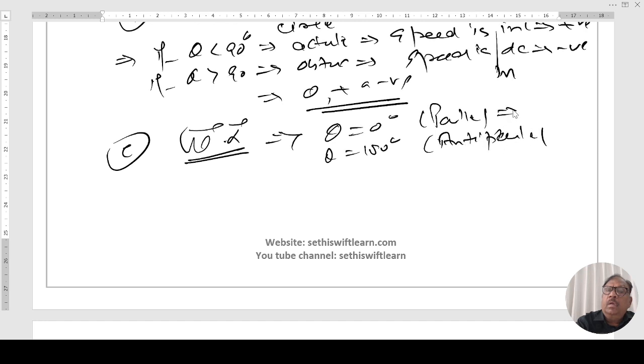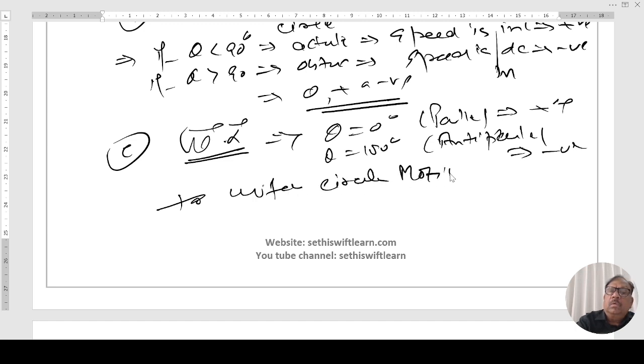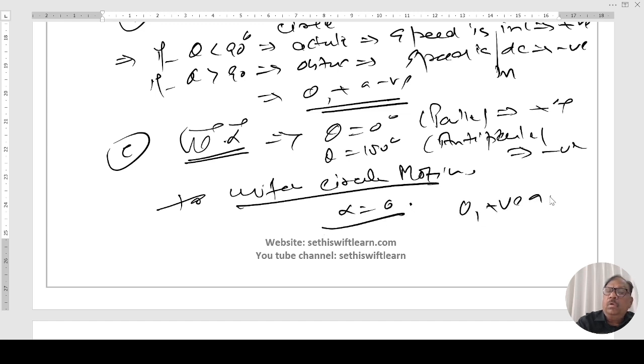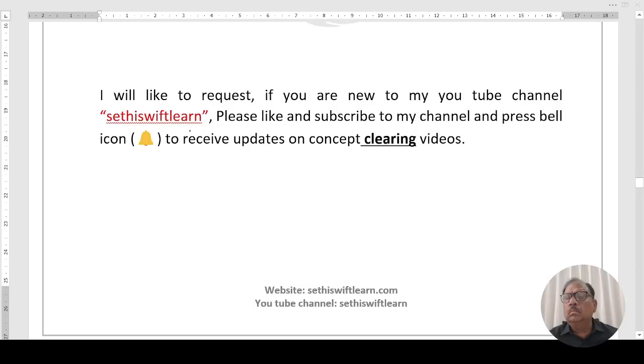If parallel, positive; anti-parallel, negative. And the fourth part, uniform circular motion. For uniform circular motion, alpha equal to 0. It may have 0, positive, or negative value. Right?